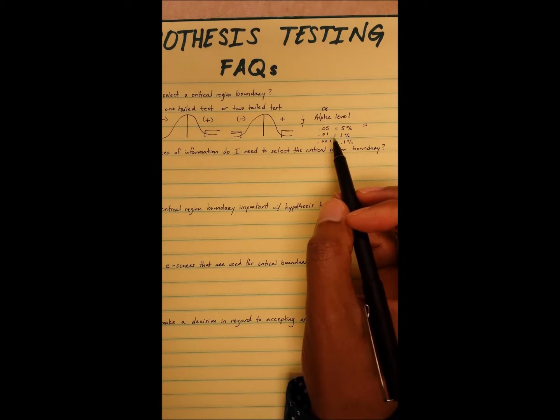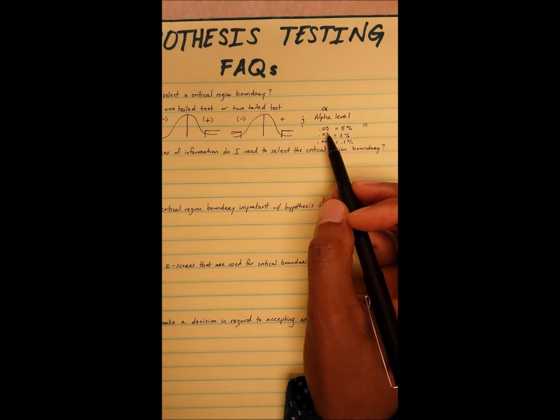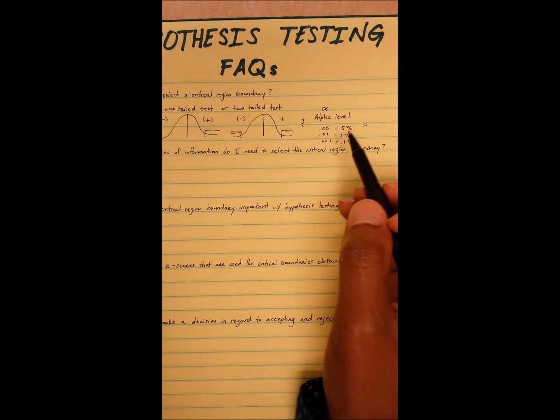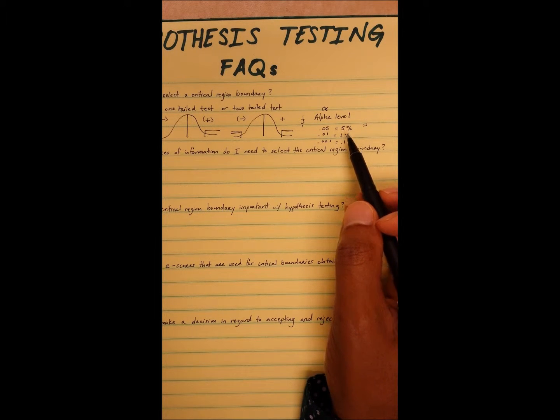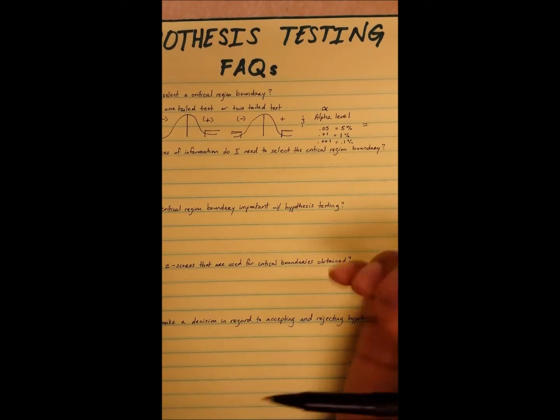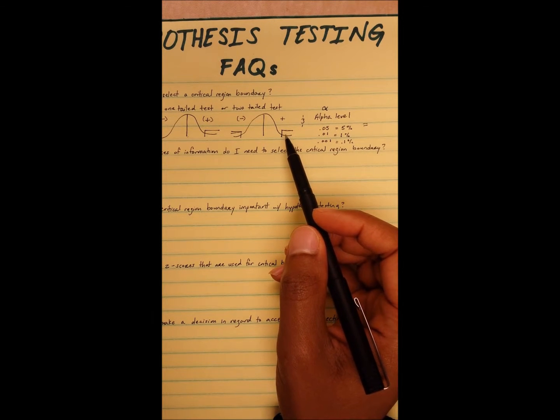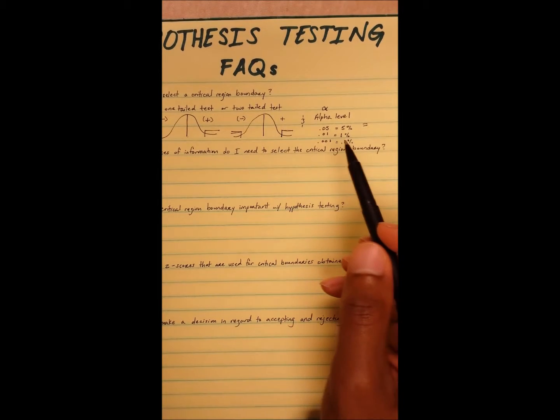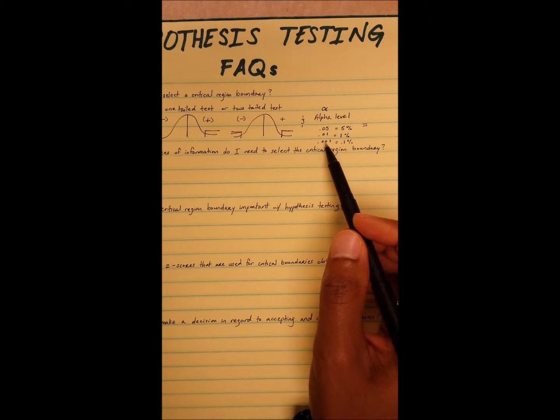Okay, in the problems that you're going to complete in class, some of the typical alpha levels are 0.05, 0.01, 0.001. So this is the likelihood that the researcher is wrong. Okay, so 5%. So we just take 0.05 and convert it into a percentage to get the proportion that is going to be used as a critical region boundary marker within your sampling distribution of the mean. Same thing with 0.01, same thing with 0.001.